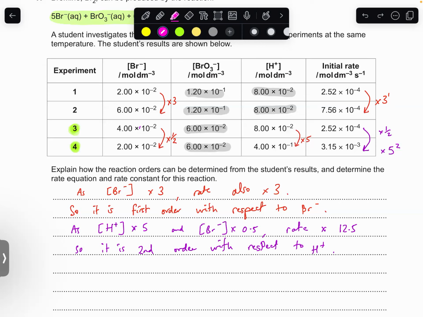Okay, let's do experiments 1 and 4. Why are we going to do 1 and 4? Because this concentration is the same, so we can disregard that. The concentration of H plus is being multiplied by 5 again. From there to there, it's being multiplied by 5. And from there to there, what's happening there?